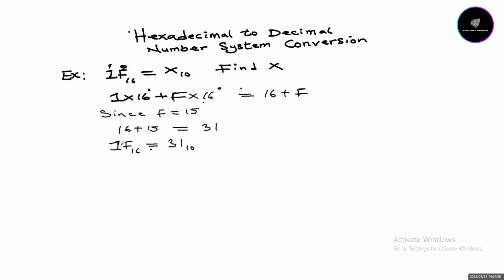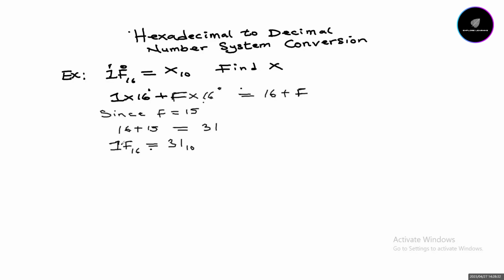So this is how simple it is. Very simple. In the hexadecimal number system, the number ranges from 0 to 15, which means that the minimum value is 0 and the maximum is 15. Now, you need to realize that the hexadecimal number system has both alphabets and numerical values.